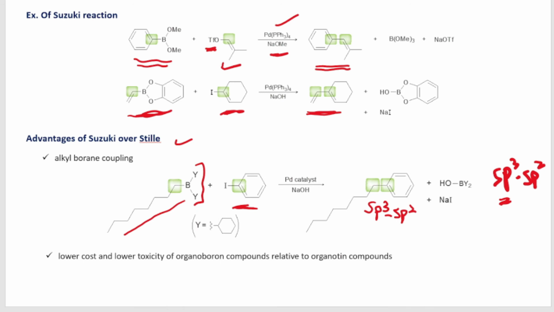While in the Stille reaction you have seen sp2-sp2 bond. And organoborane compounds are low in cost and low in toxicity compared to organotin compounds.